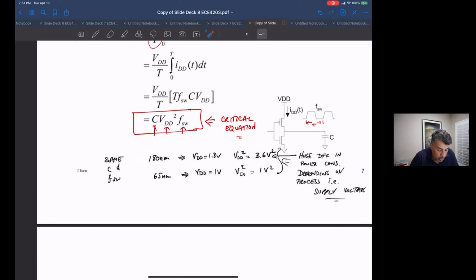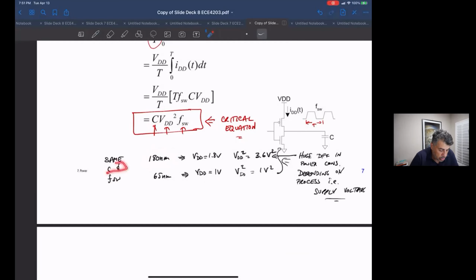Now, furthermore, even if you were able to run this at the same frequency as a 65 nanometer process, maybe you can, just because all your devices are bigger, your capacitances are also probably going to be higher in this 180 nanometer process.